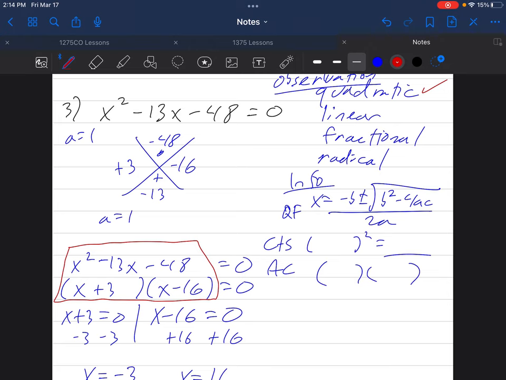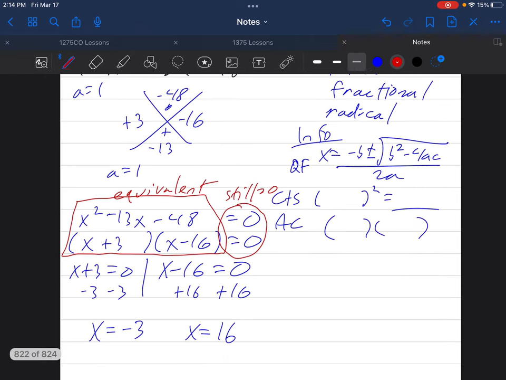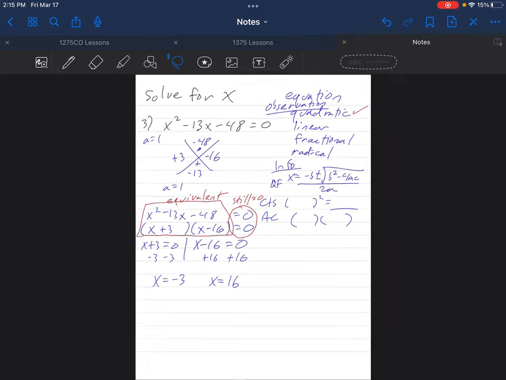So what's the first two steps, we're not changing anything. This is equivalent. And furthermore, because this equation is still equal to 0, that means we can continue with the zero product rule after factoring is done.